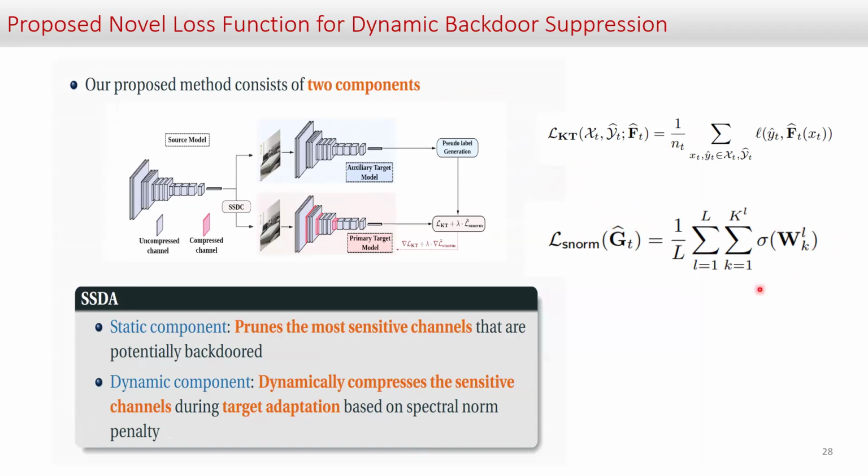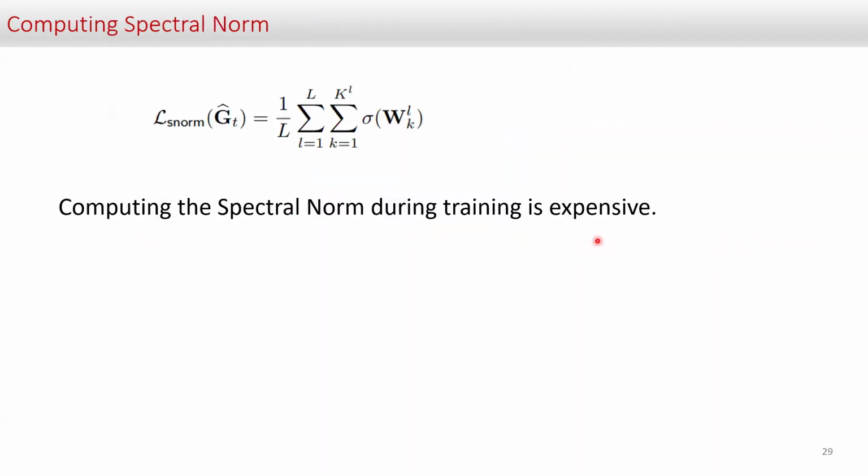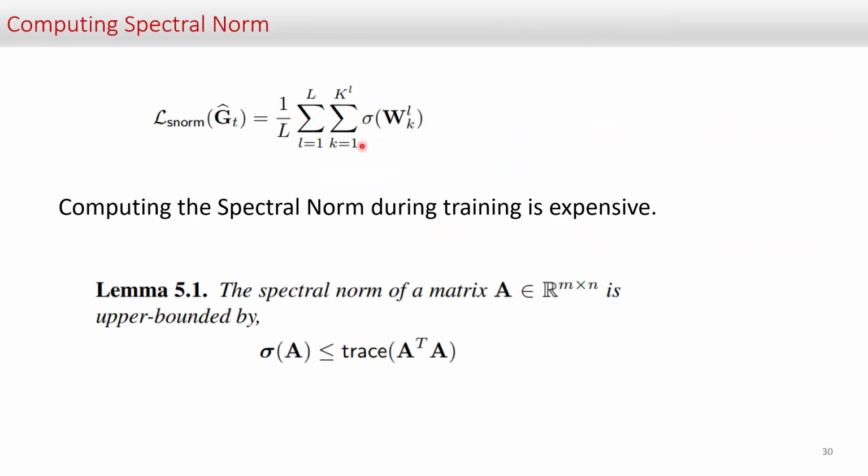We basically propose a training loss function that will ensure during training, those suppressed channels remain suppressed and cannot grow as the training progresses. However, there is one challenge to computing spectral norm during training, because this basically means you need to decompose the matrix into its SVD form, which is expensive computation. So we propose an alternative computation of the spectral norm for training.